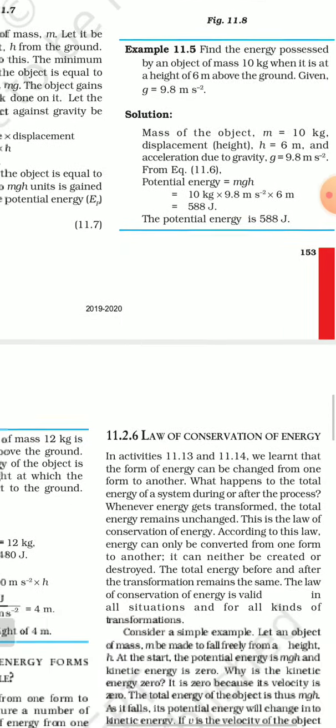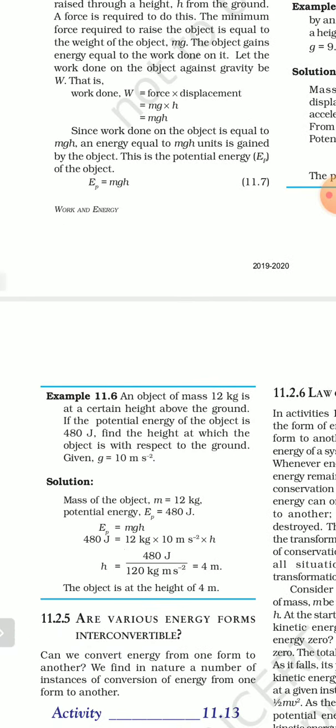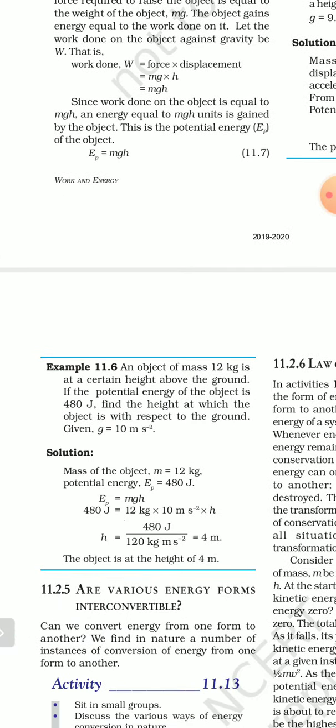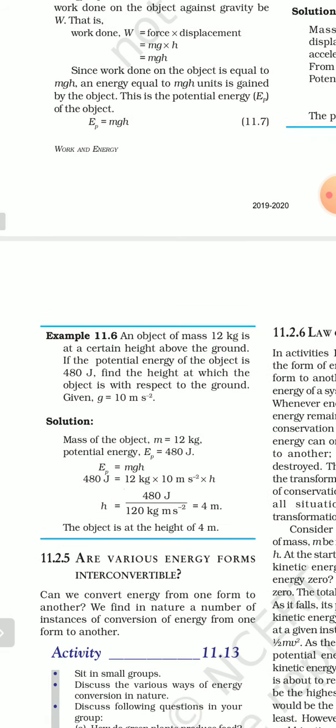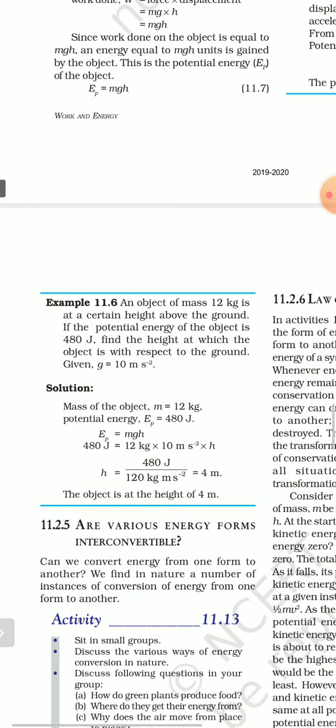Okay, so in example 10.6, an object of mass 12 kg is at a certain height above the ground. The potential energy of the object is 480 joule and the given g is 10 meter per second square. So here mass is given, energy is given, and g is given.